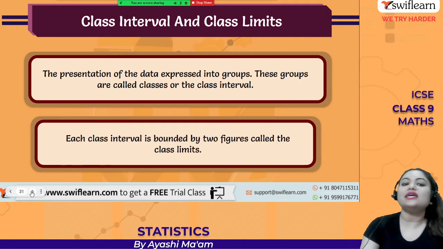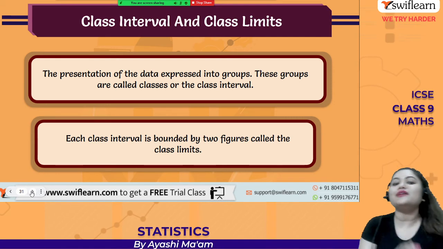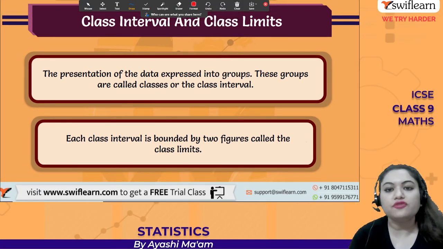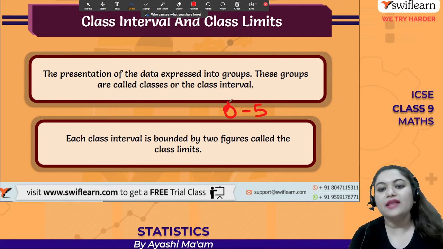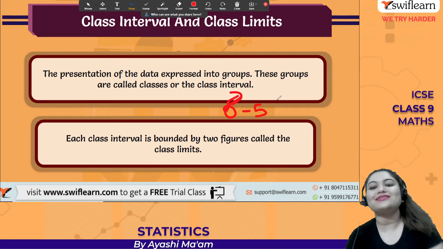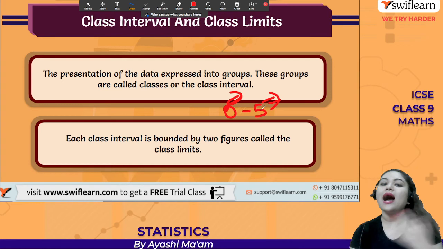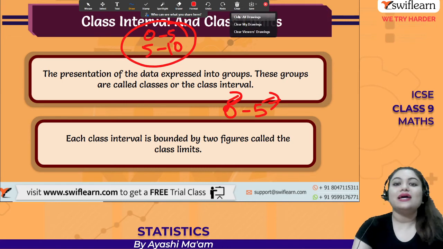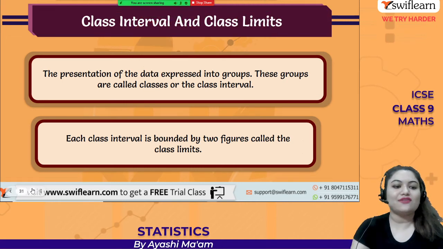And class limits. Each class interval is bounded by 2 figures called the class limits, right? We have learned that if you have 0 to 5, then this one will be called the lower class limit and this one will be called the upper class limit, right? So 0 to 5, 5 to 10, these are all classes or class intervals.